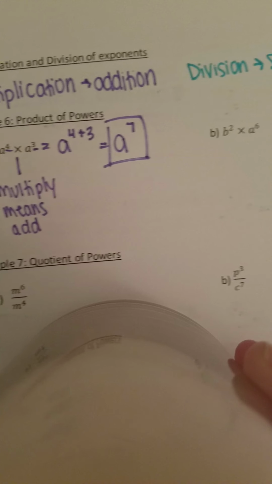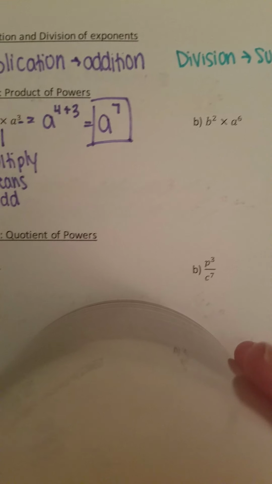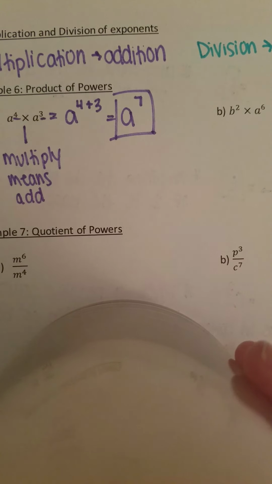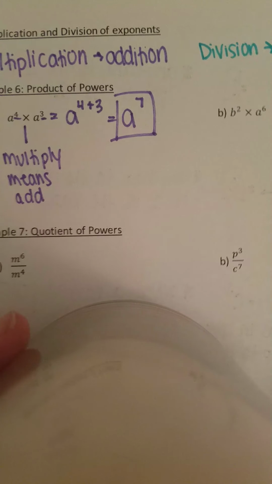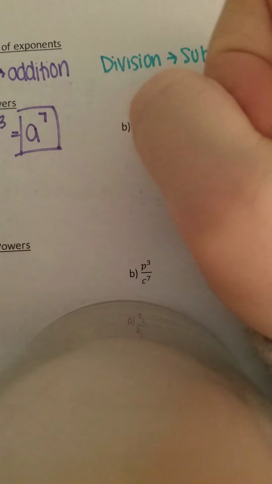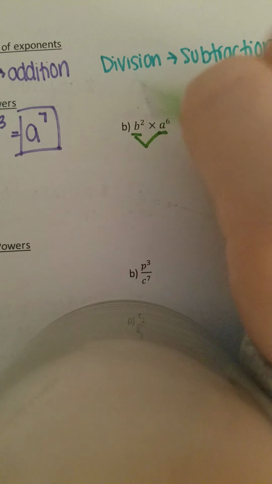However, if we look at letter B, if you look at letter A, both bases are letter A. However, in letter B, if you notice, this is a B and this is an A. Bases are not the same.